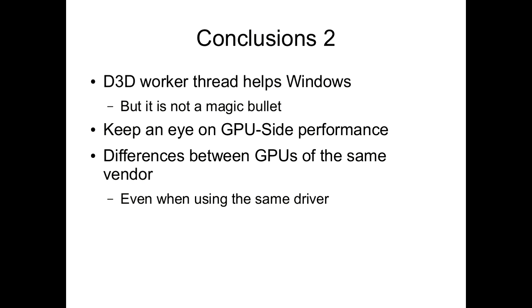I was under the assumption that all of Wine's performance problems are on the CPU side, but that's not the case. I really have to test more cards to find more performance problems. Just because it works on this laptop doesn't mean it works on anybody else's Nvidia card. Even with the same driver there are differences.